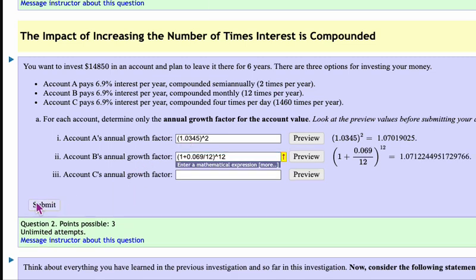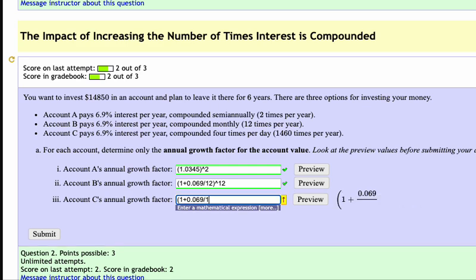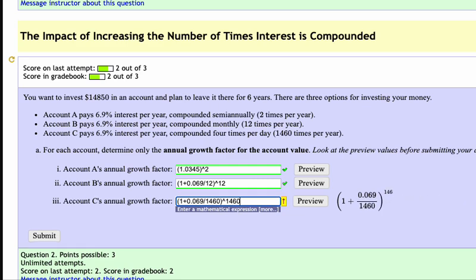Now, before I go further, let me see if that's going to work. Yeah, okay, so let me do it again. That's 1 plus 0.069, this time divided by 1460. They've given us that number. Thank you, iMath. To a power of 1460. And that will be our annual growth rate.